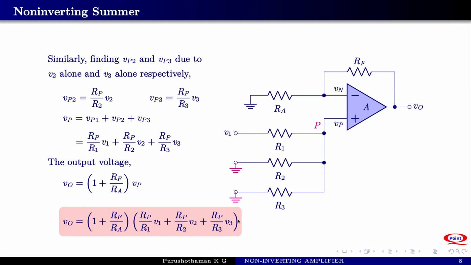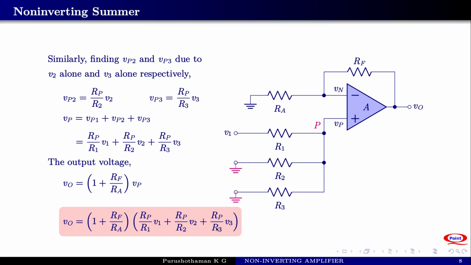So as in the inverting case, here also you can find that this is proportional to the weighted sum of inputs. V1 is weighted by Rp by R1, where Rp is the effective value of the parallel combination of three resistors. Similarly, V2 is weighted by Rp by R2, V3 is weighted by Rp by R3.